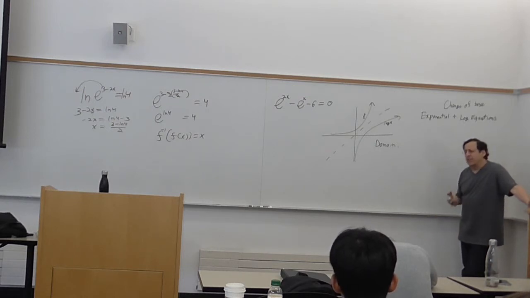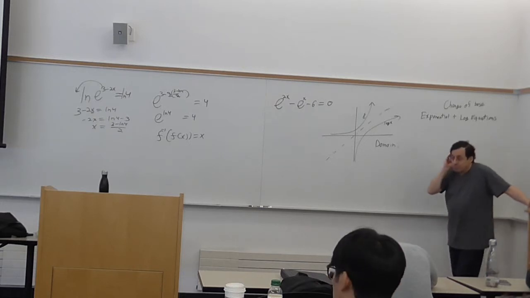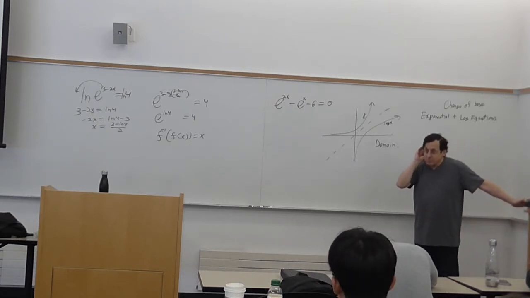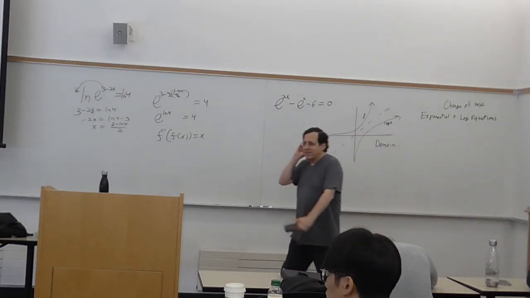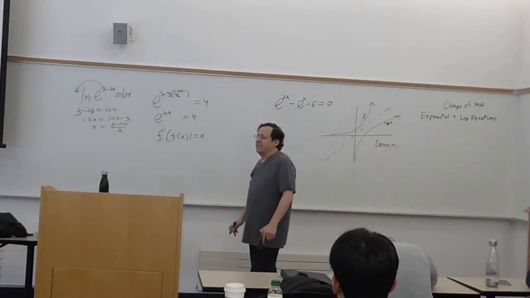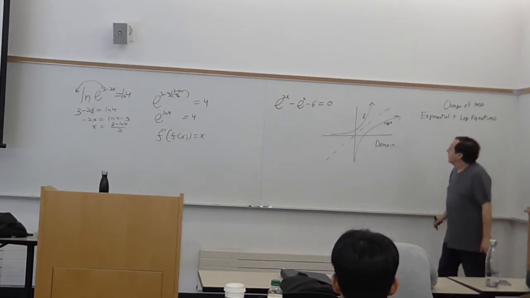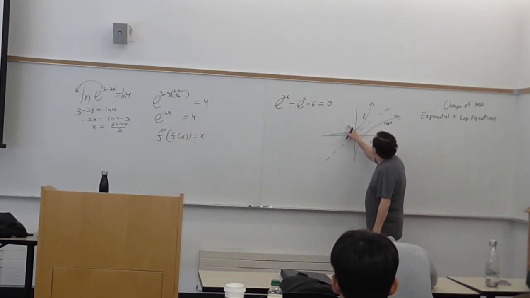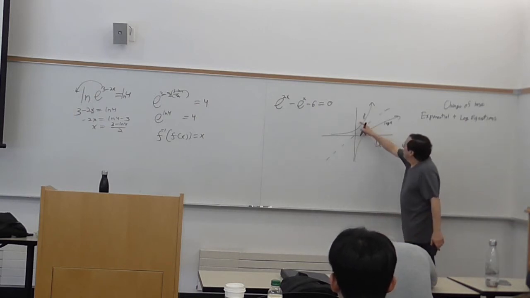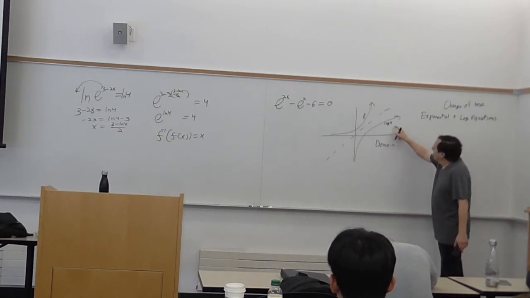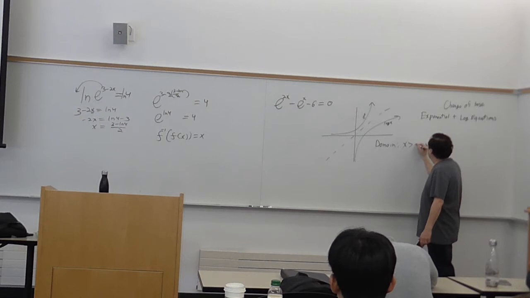What values can I get out of an exponential function? Thank you, John. No? Need to know this. Yes? Greater than 0? Yeah, these are greater than 0. The range is greater than 0. So the domain of the log is x greater than 0.